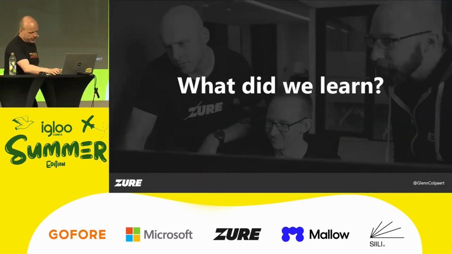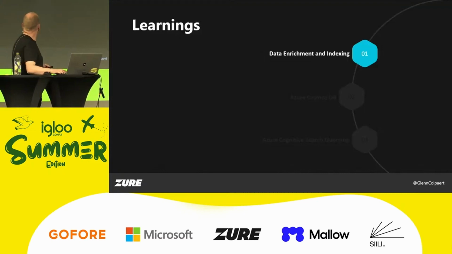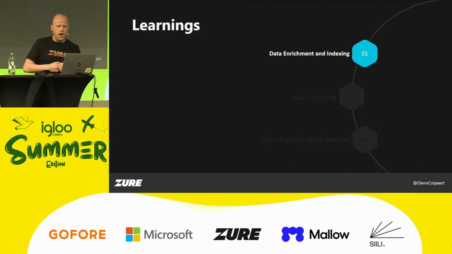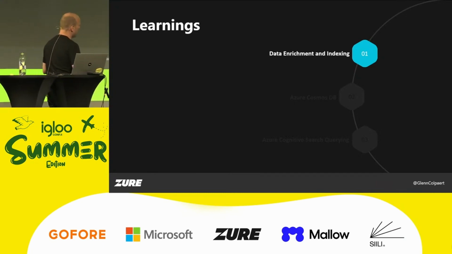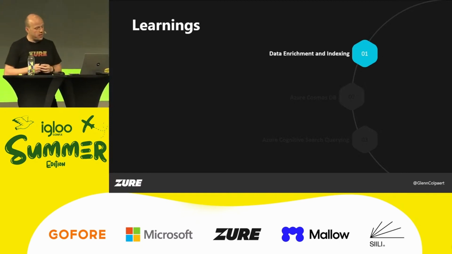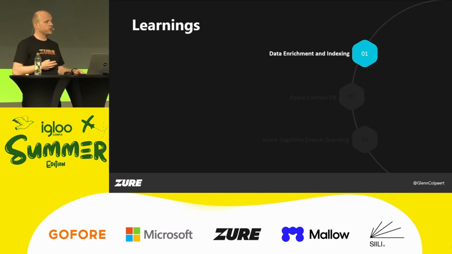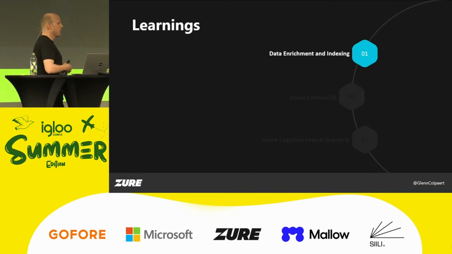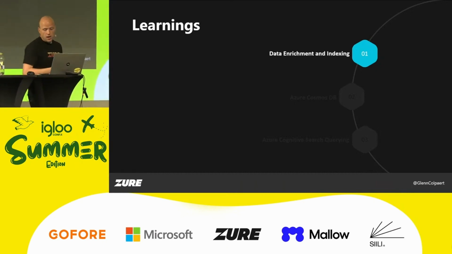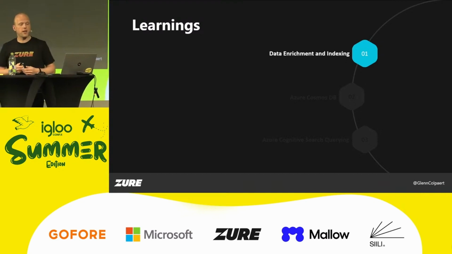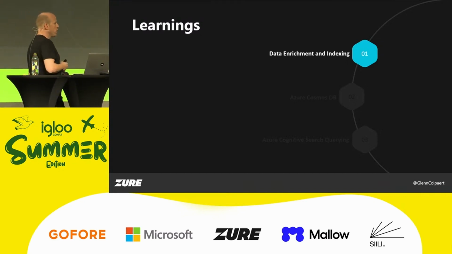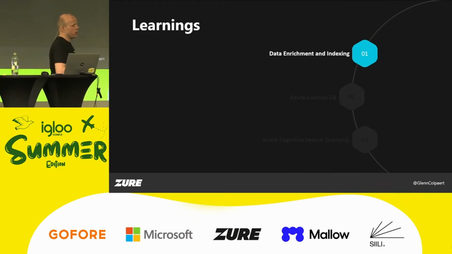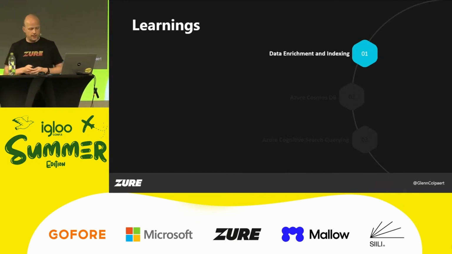So what did we learn today? We've talked about data enrichment and classification, and Cognitive Services, which is a set of APIs that are made available for you. And we've talked about how those AI services allow you to do OCR and classification on top of that data.